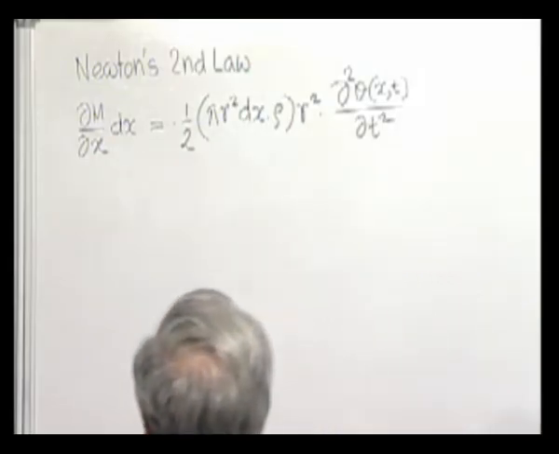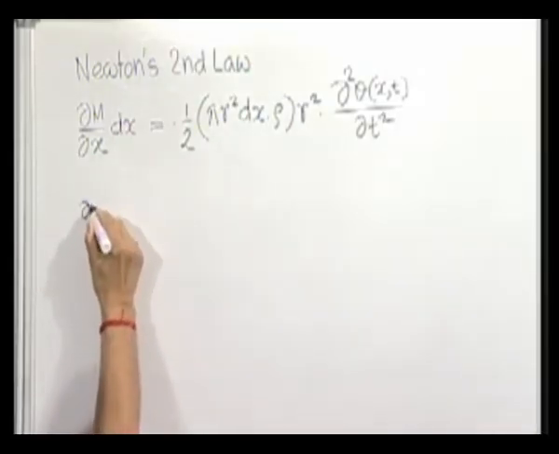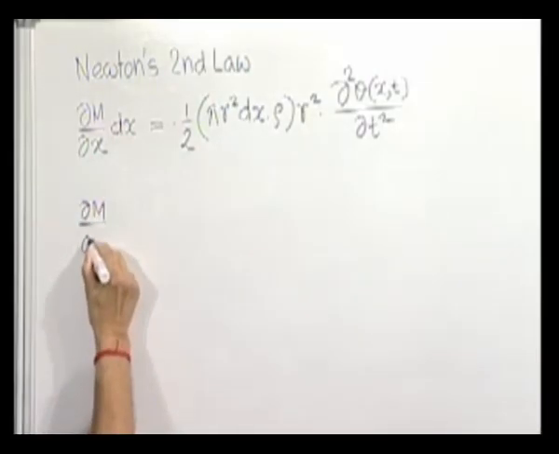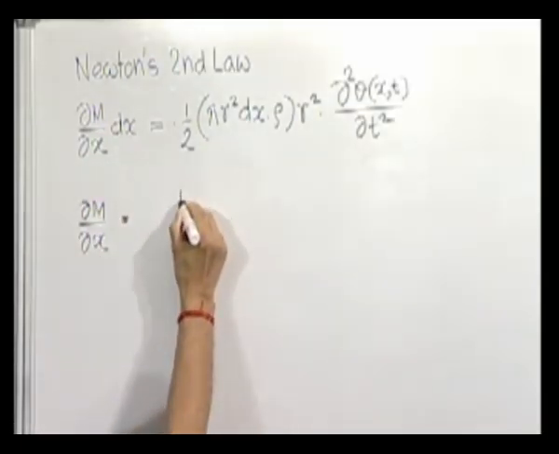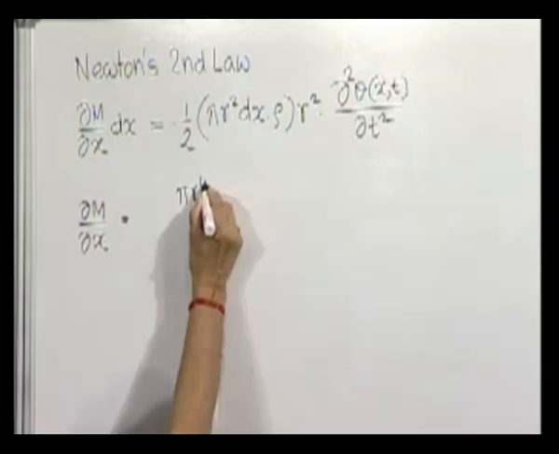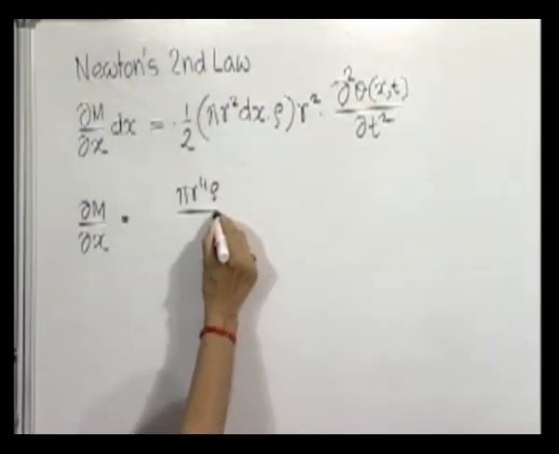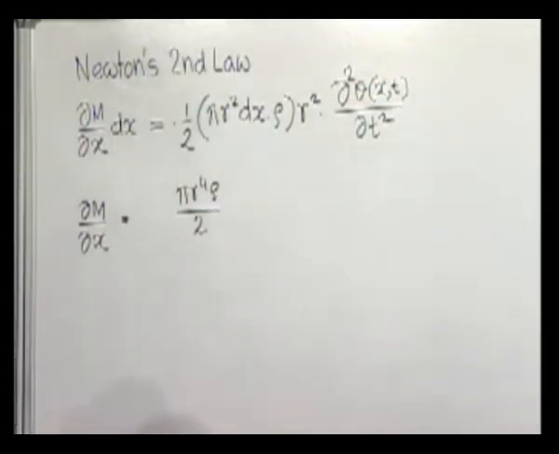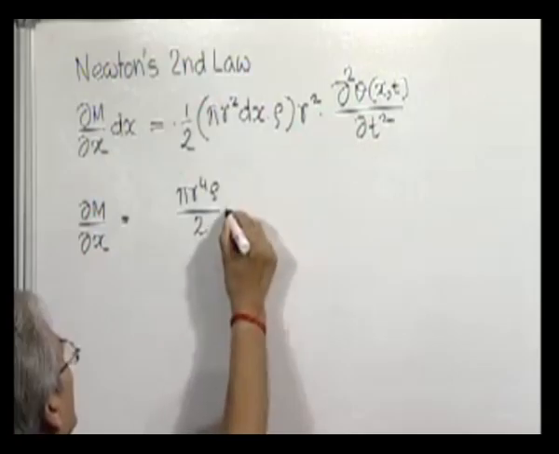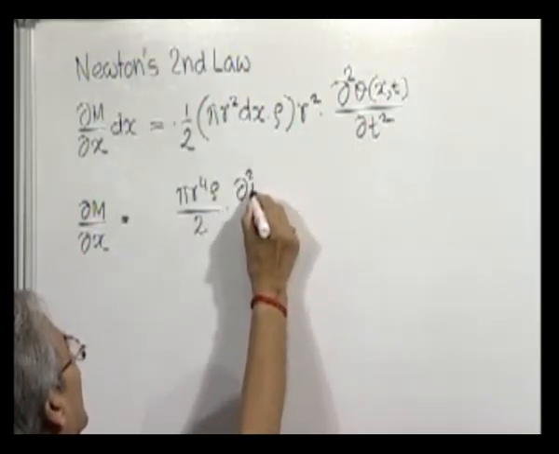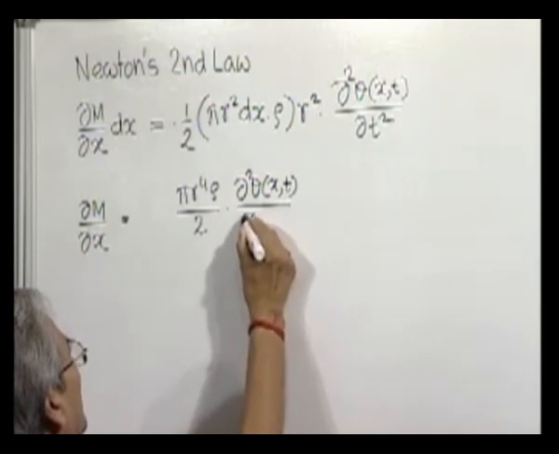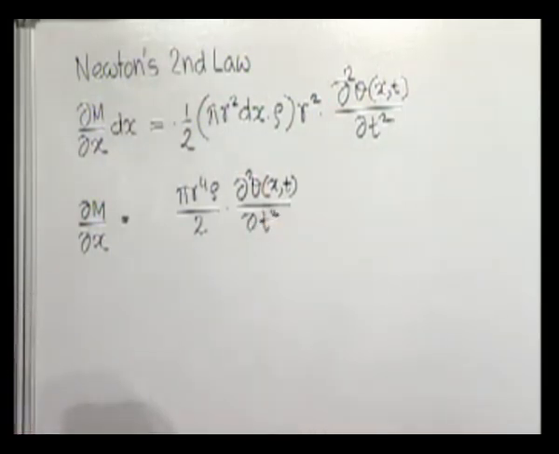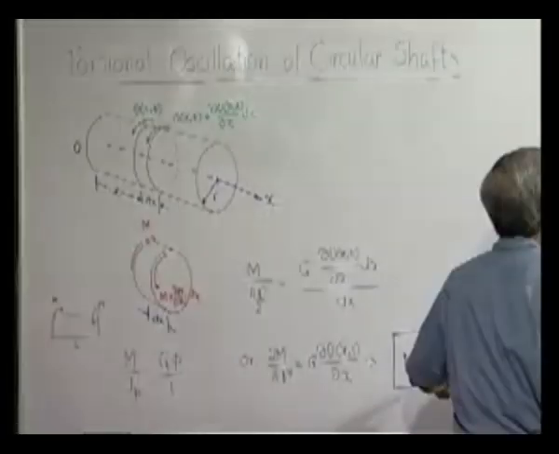So from this we get dx cancel, so pi r to the power 4 rho by 2. Now m is this.